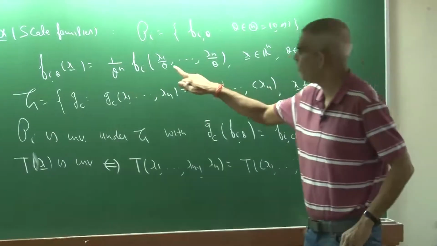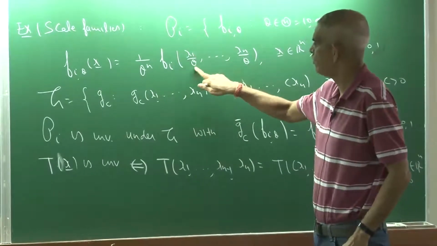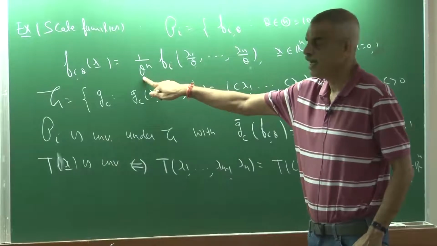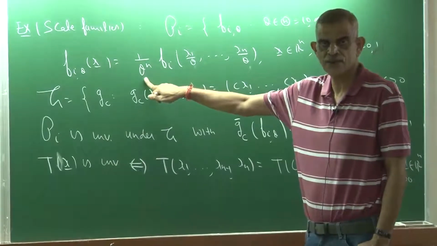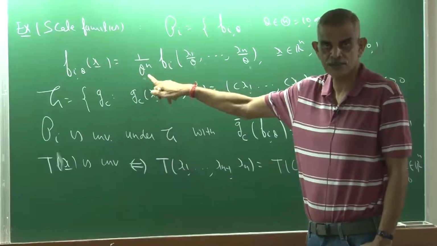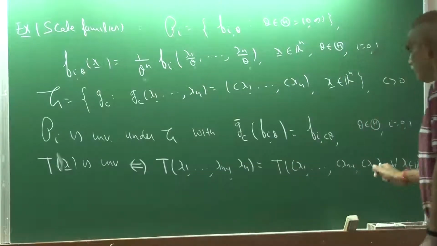Note that I require C to be positive because the PDF will turn out to be x1 upon C theta, ..., xn upon C theta, and here C theta to the power n. I needed C theta to be positive, and theta is given to be positive, so that requires C to be positive.